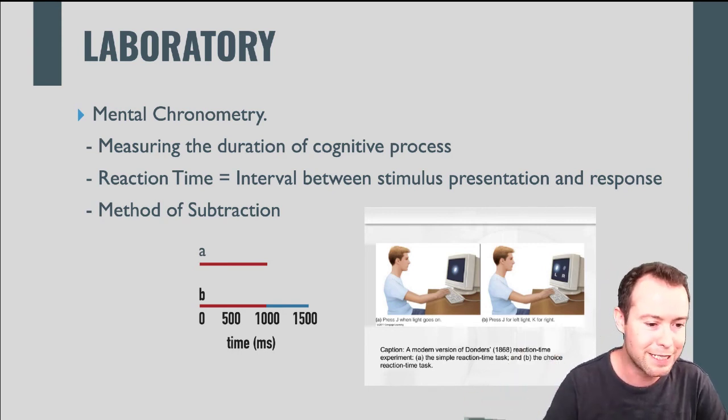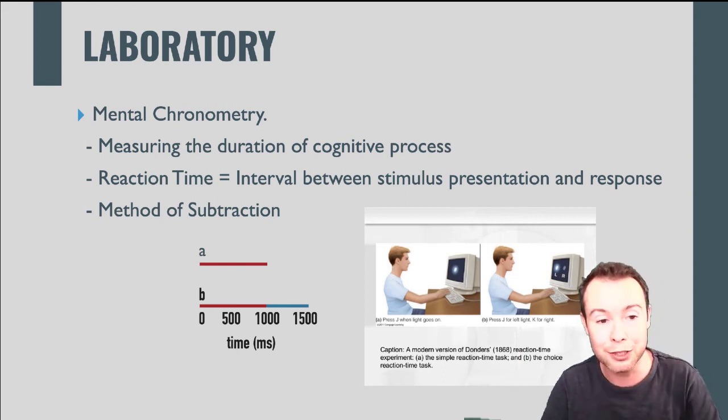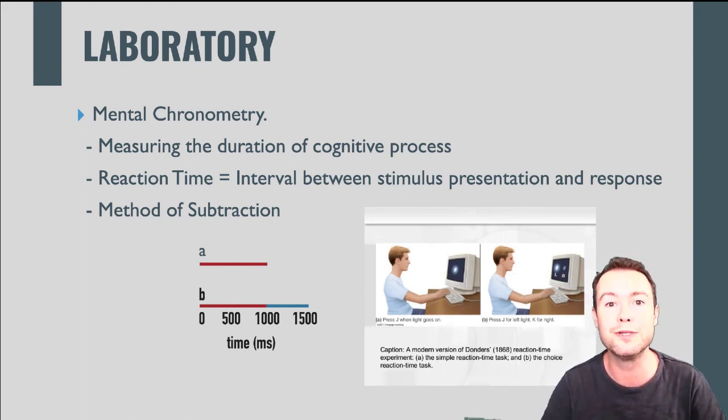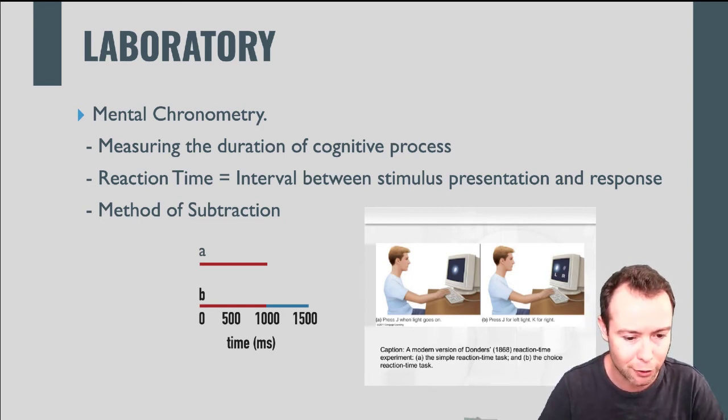So if we take a much simpler experimental design, and imagine that all we want to do is work out how long it takes people to make a simple decision of whether to press the left or the right key. This is a version of Donders' reaction time experiment, and we've got two different versions.